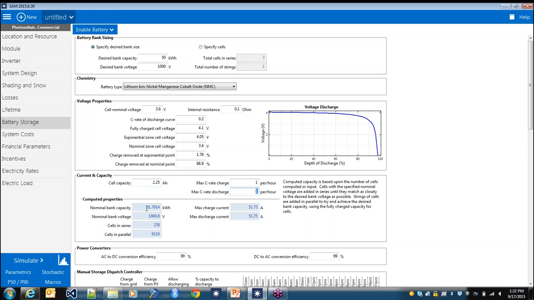So we have roughly a 51 kilowatt hour battery. If we allow that to discharge in 1 hour, then that's a 51 kilowatt battery. You can change those discharge rates around to get different power throughput.